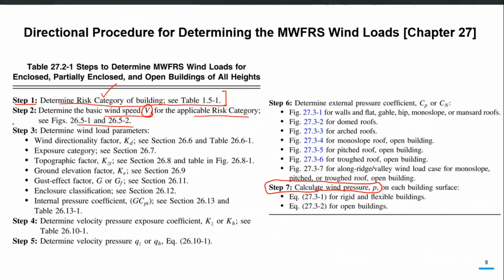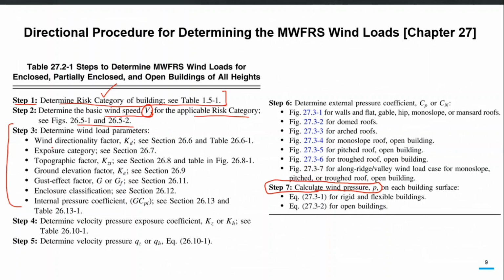Then step 3 and all of those associated steps are related to the determination of those coefficients which are required to finally determine the pressure: internal pressure coefficient and other coefficients.